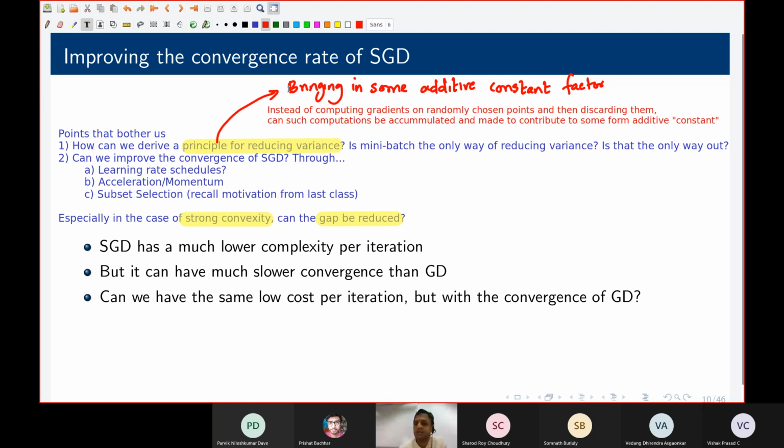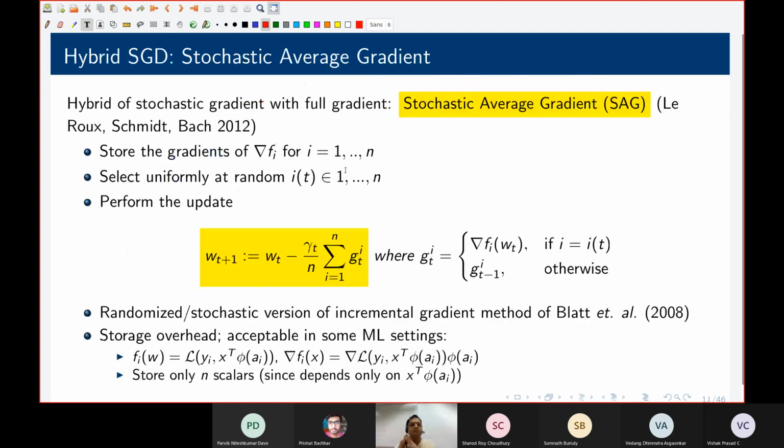That is the basic idea behind our next approach, the hybrid kind of approach, SAG, or stochastic average gradient, 2012. That's the first kind of jump in this space. So store the gradients for i equals 1 to n, and then select uniformly at random some i_t.